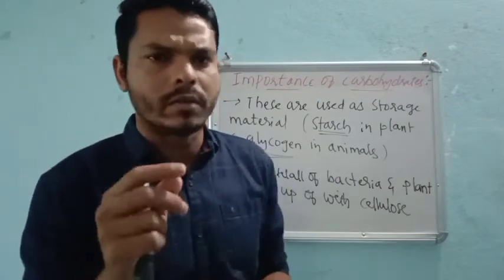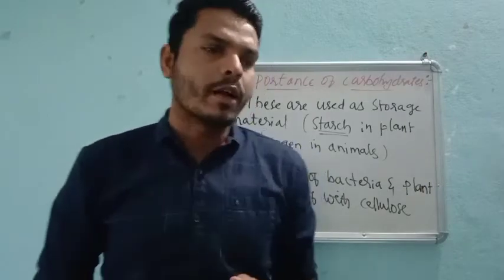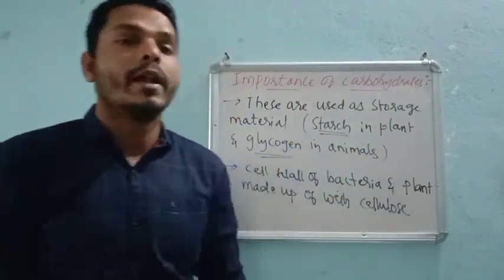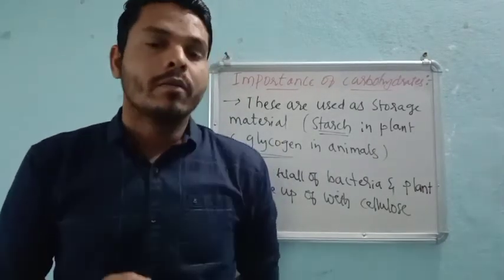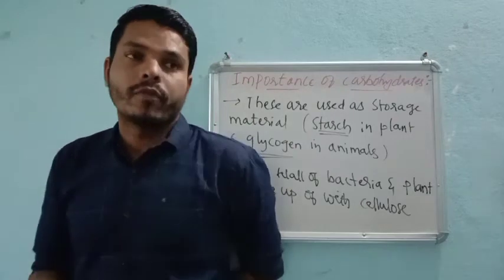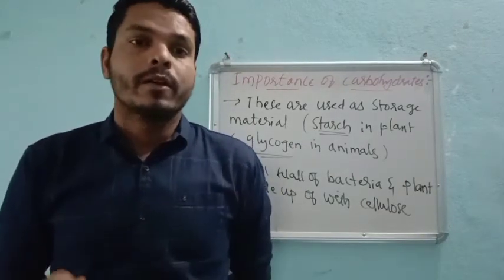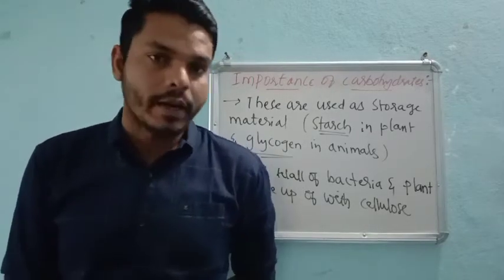In offline classes, I will go into detail. So you just remember, not only do they biologically help us, but they provide raw material for the textile industries, the paper industry, the breweries, and for the coating of woods, right? So these are some commercial uses where we use these carbohydrates.